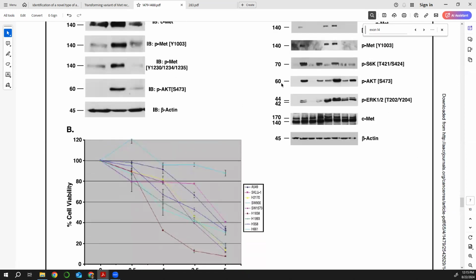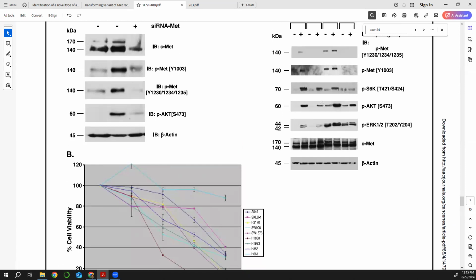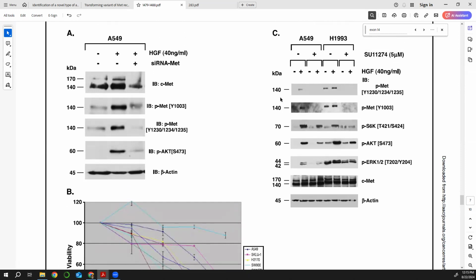So lots more work to be done, but this was a very good initial characterization of MET in non-small cell lung cancer cell lines and in non-small cell lung cancer tumor samples. And more work will be done, and we'll present another paper that follows this one that better characterizes some of these mutations. Thank you for now, and I appreciate your time.